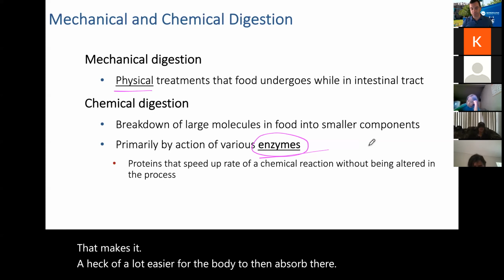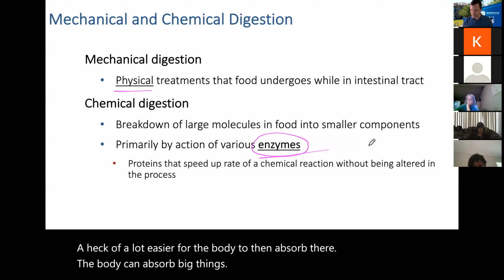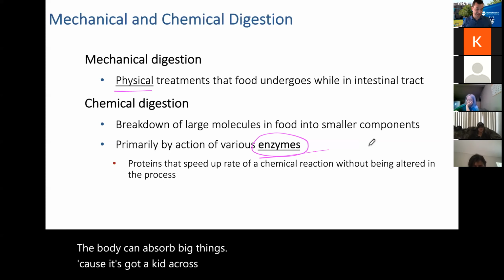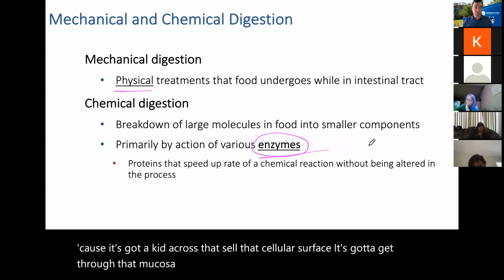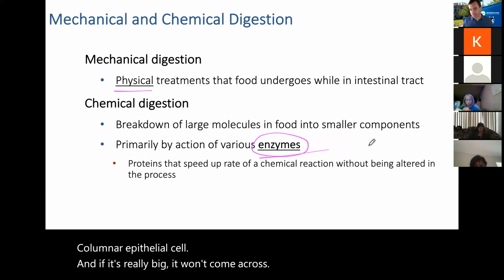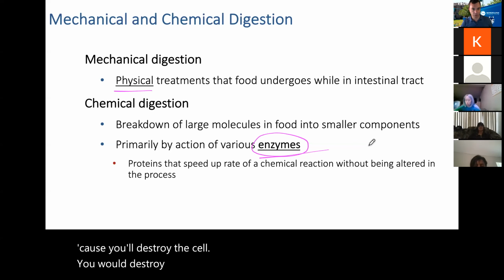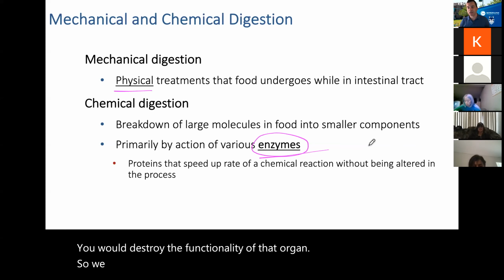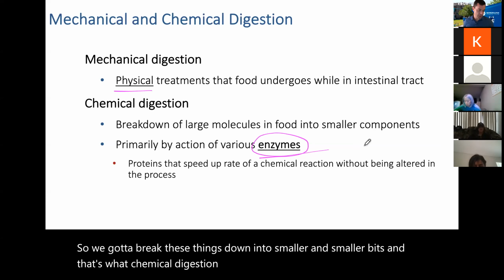The body can't absorb big things because it's got to get across the cellular surface, through the mucosal layer, and in through the simple columnar epithelial cell. If it's really big, it won't come across because you'll destroy the cell and the functionality of that organ. So we have to break these things down into smaller and smaller bits, and that's what chemical digestion is via enzymes.